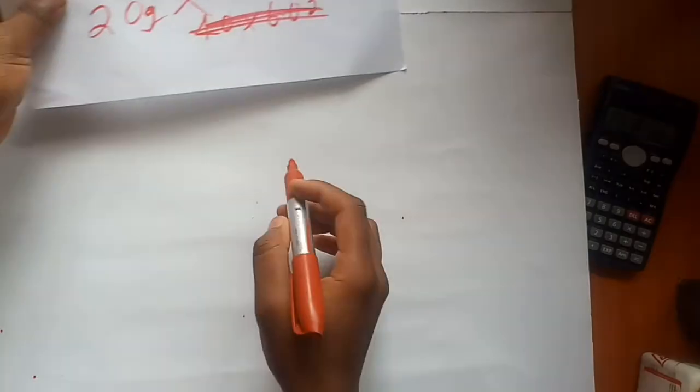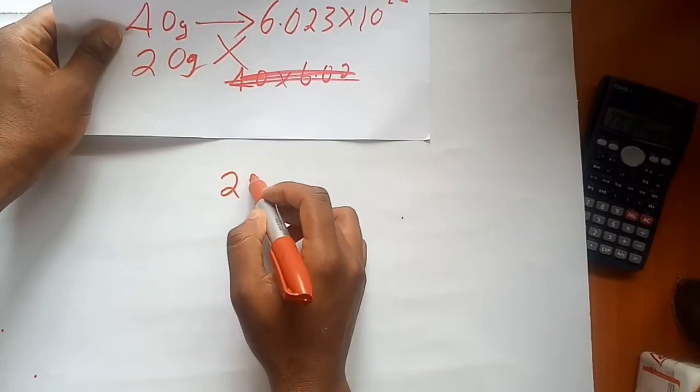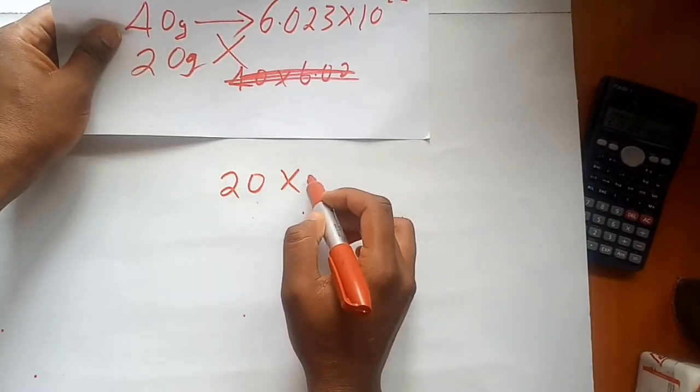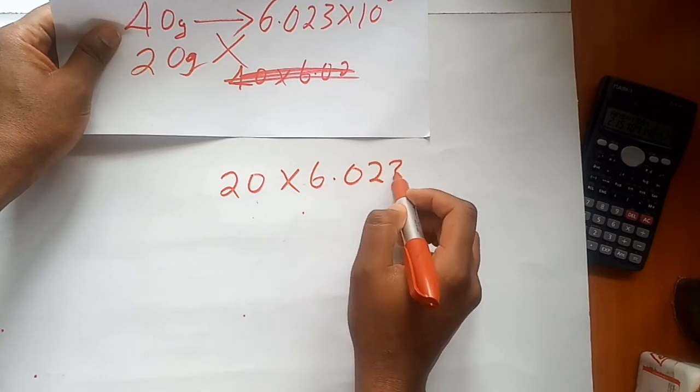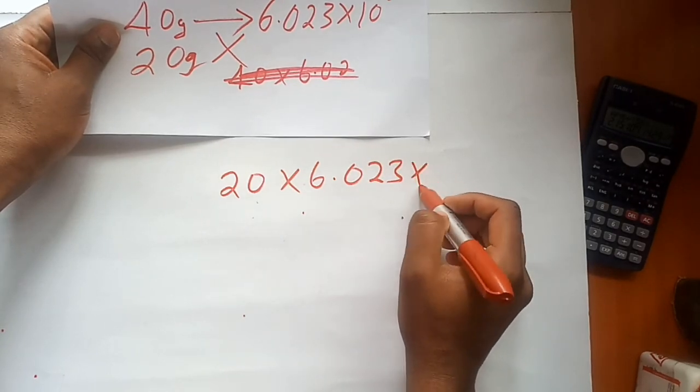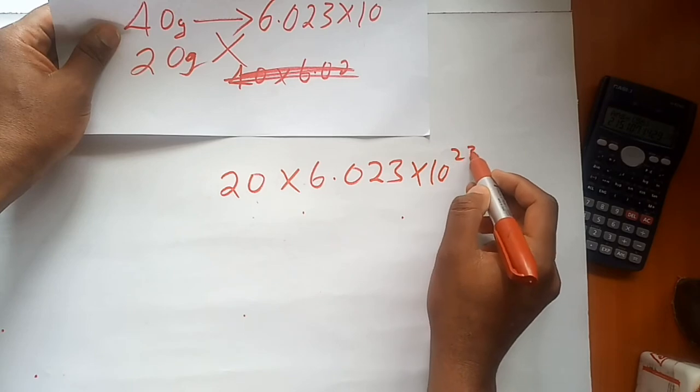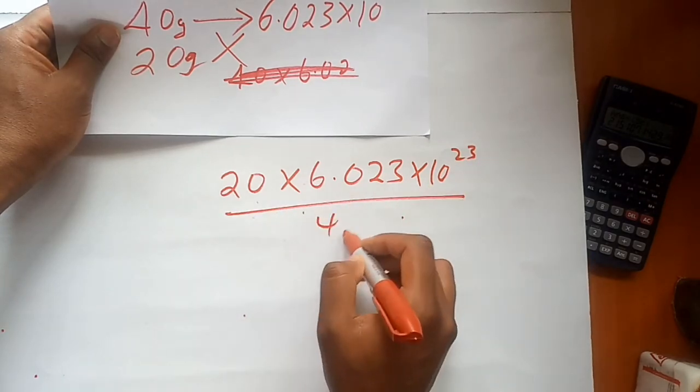So you say 20 times 6.023 times 10 to the power of 23, you divide that by 40.